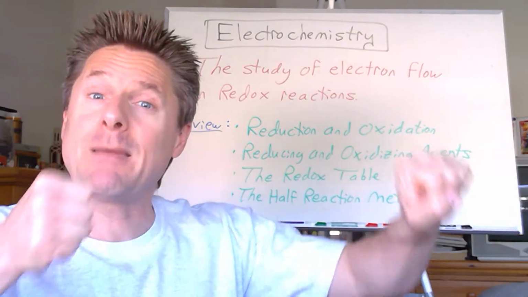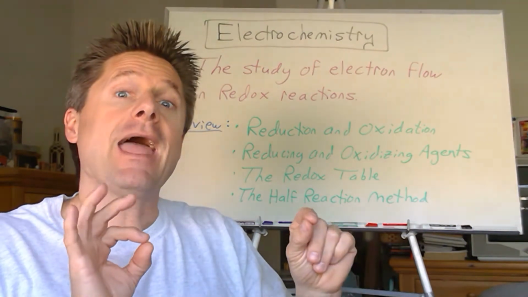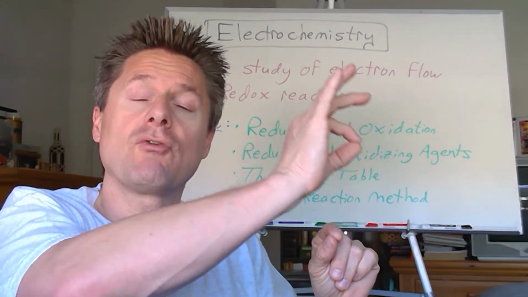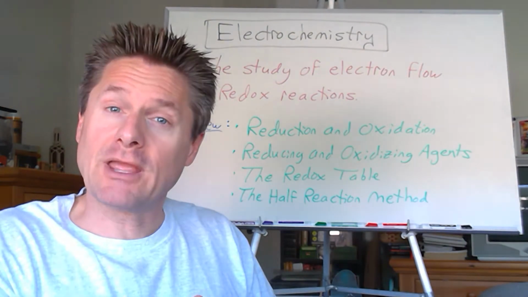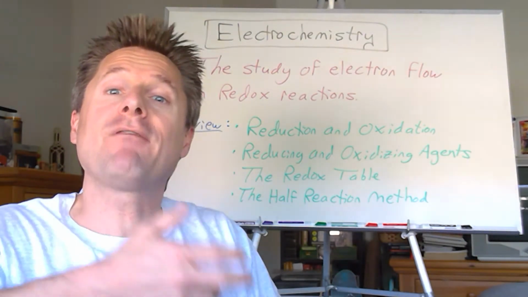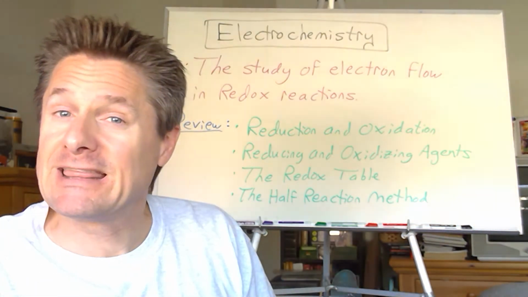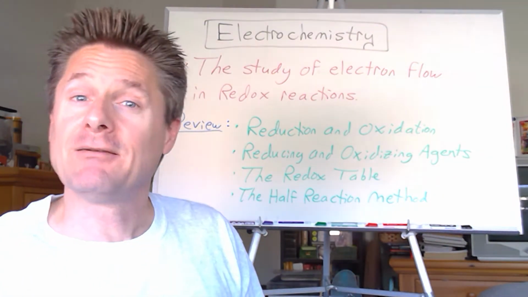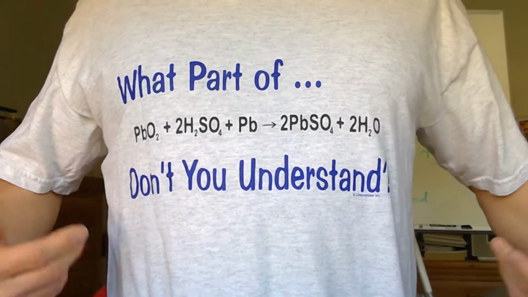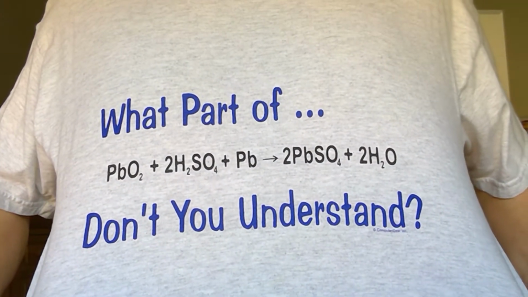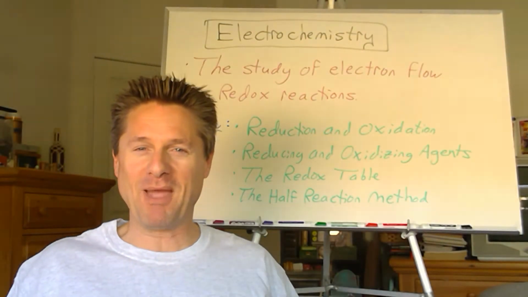But what if we could separate the reducing agent from the oxidizing agent, and then have those electrons transfer along a wire, create a circuit, and then we could bleed off or steal some of that electron flow and use that for interesting things like batteries, making motors run, all that stuff? Batteries. Oh yeah. If you know what that reaction is, you're doing awesome. Woohoo! I got my battery shirt on.